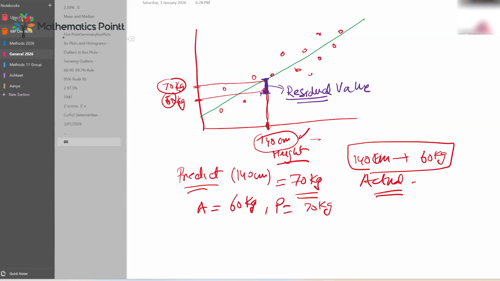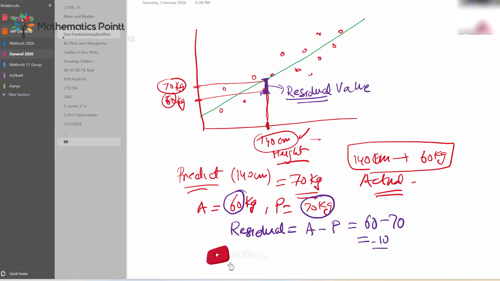How much is the residual value here? So the formula to calculate the residual is actual value minus the predicted value. My actual value is 60. My predicted value is 70.